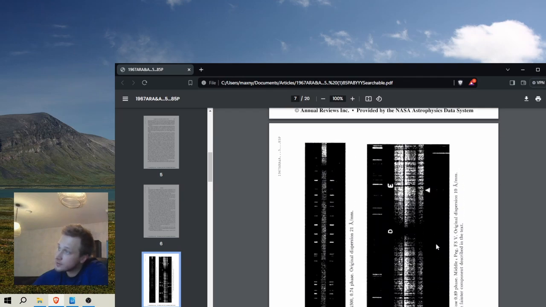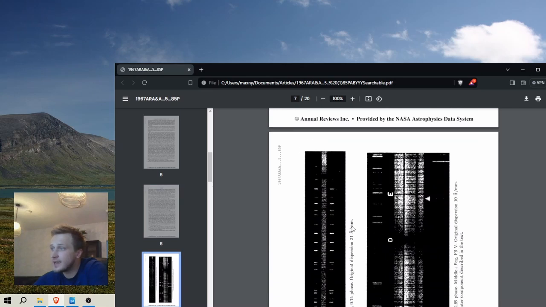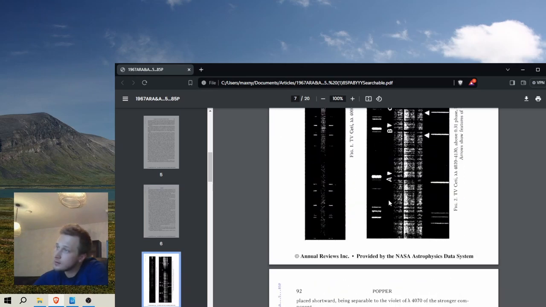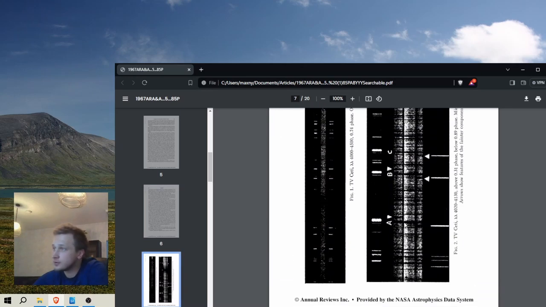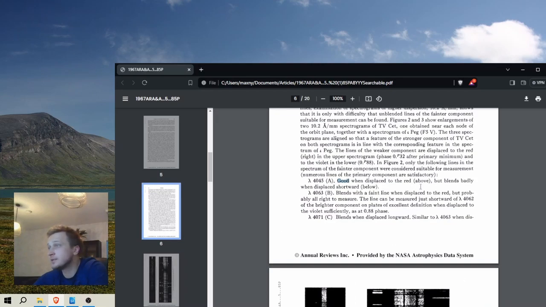Oh, there's no numbers. So we have the letters, maybe. Okay, so this is A. Yeah, okay. There's clearly a line there. So let's see, what does he say? Good when displaced to the red, but blends badly when displaced shortward.